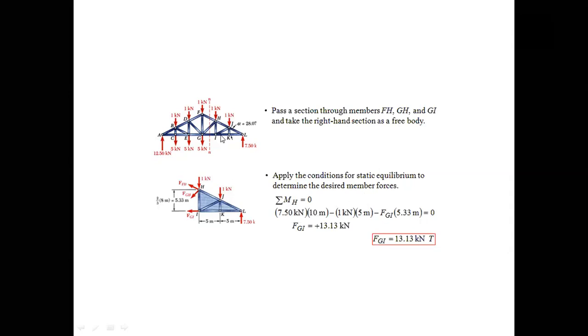Now taking moment about H, summation of moment about H is equal to 0. The force here is 7.5 kilonewton into the distance 5 + 5 = 10 meter, and anti-clockwise is taken as positive, so 7.5 into 10 meter.